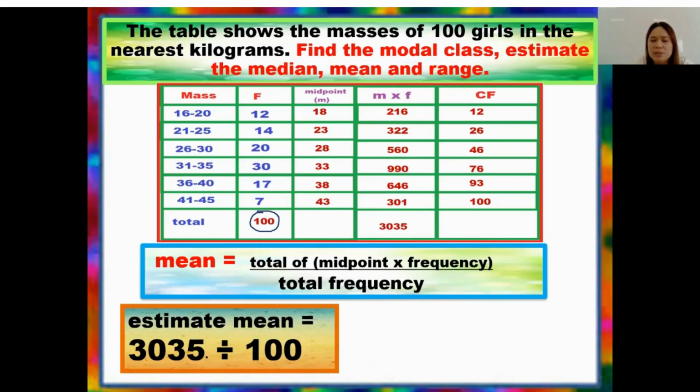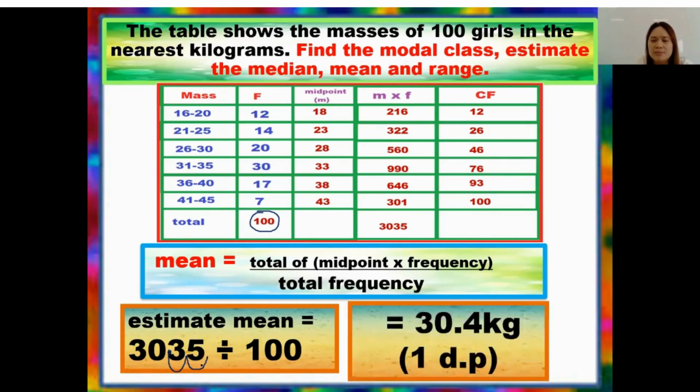We can just move the decimal point 2 steps to the left, and that gives you 30.35 or 30.4 in 1 decimal place. So you can write it in 2 decimal places or in 1 decimal place unless it is specified.